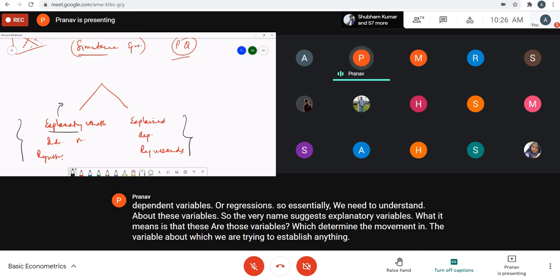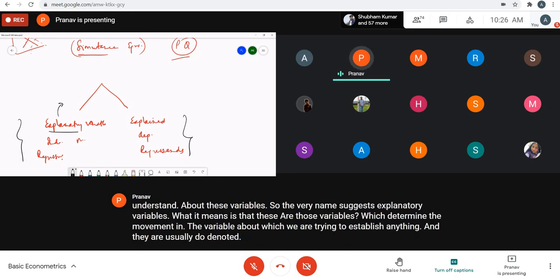And they are usually denoted in the econometrics textbook by X. Again, I'm saying usually denoted.